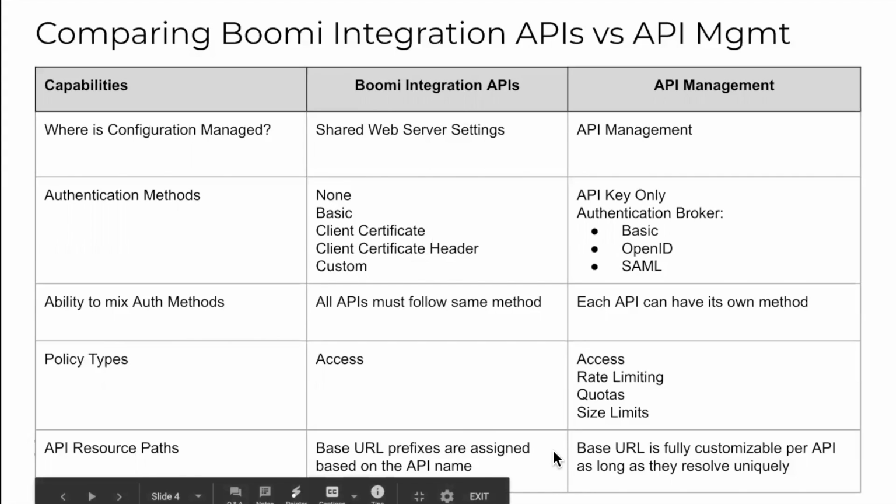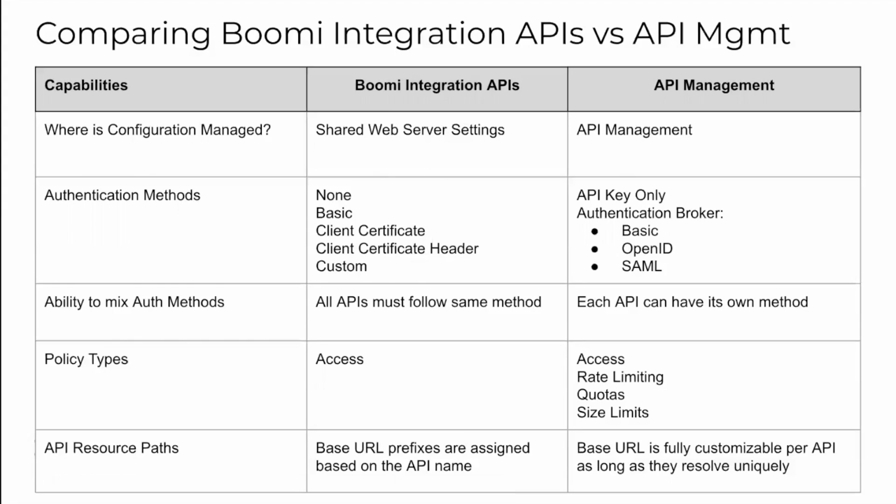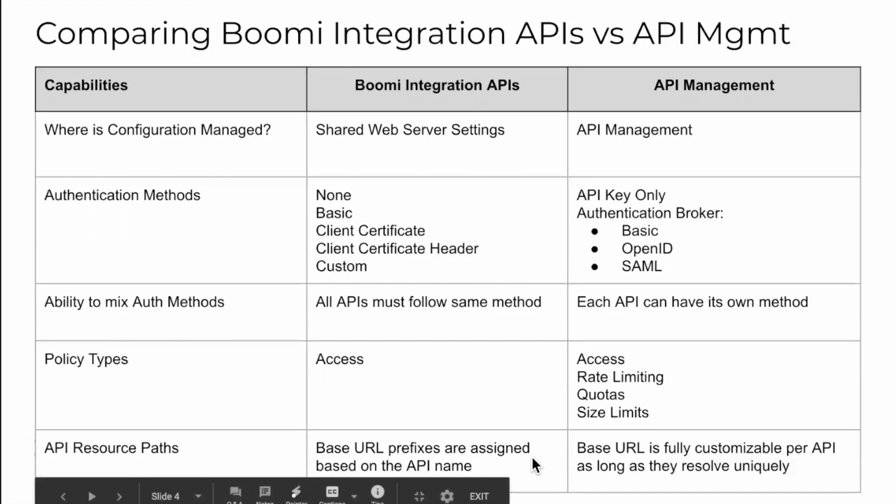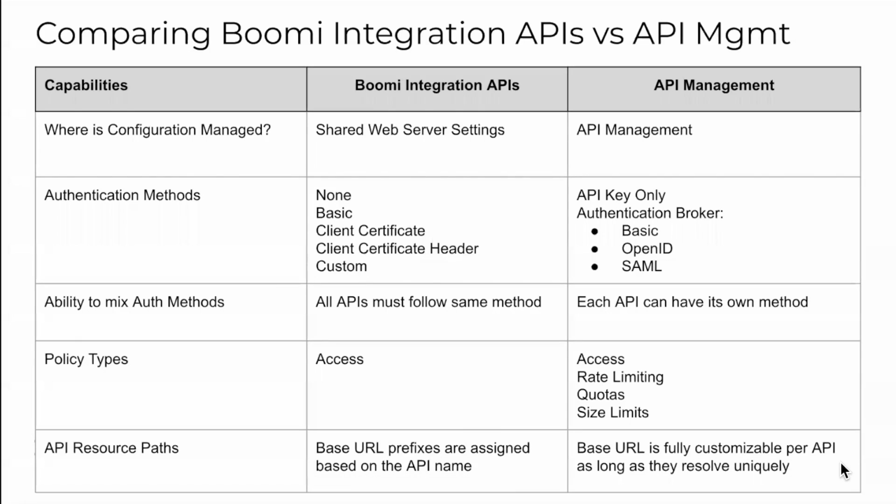And there's some other things that play into there as well, such as the type of API it is, whether it's SOAP or REST or OData. But they're pretty fixed. They're not terribly flexible. Within API management, this is fully customizable for each API, but the key requirement here is that they all have to resolve uniquely.